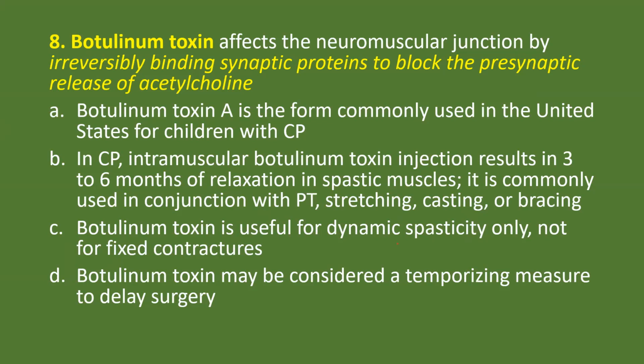Botox A is the form commonly used in the United States for children with CP. In CP, intramuscular Botox or botulinum toxin injection results in 3 to 6 months relaxation of spastic muscles.